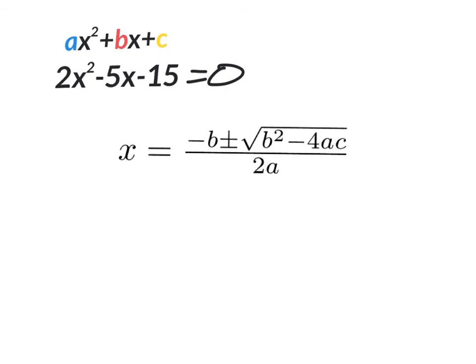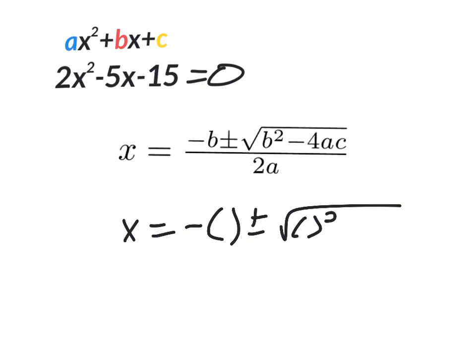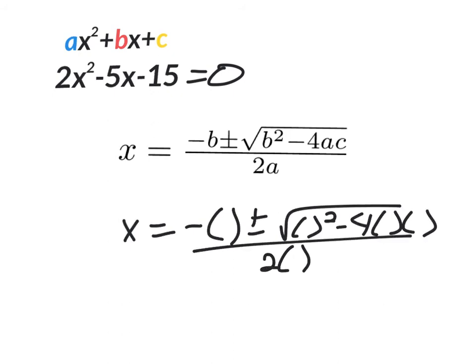So here we have x equals, and I'm going to rewrite it because I want to get you used to using parentheses. So negative and the b, plus or minus the square root of b squared minus 4 times a times c, all divided by 2 times a. Now, in this one, if we're going to plug in the b's, we come up here, and b is actually a negative 5.